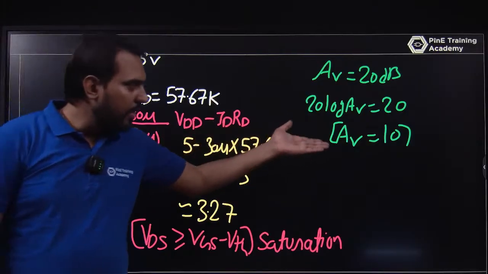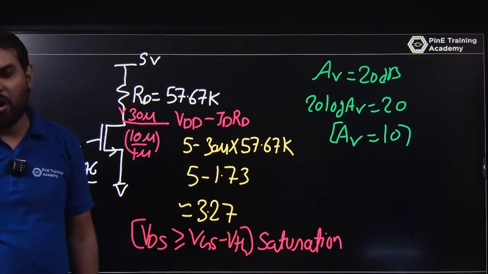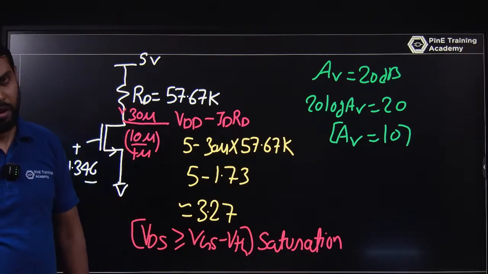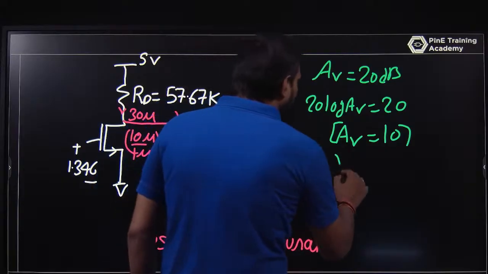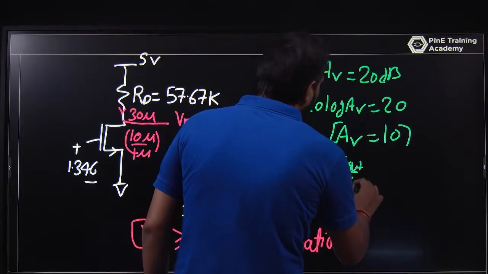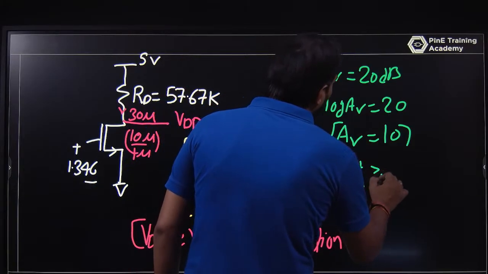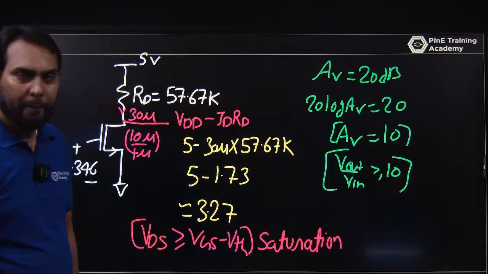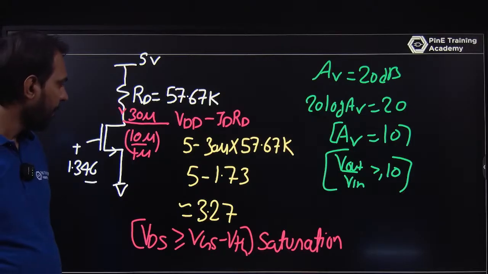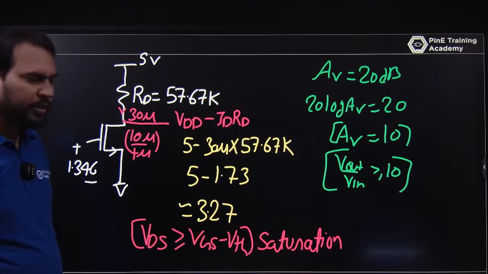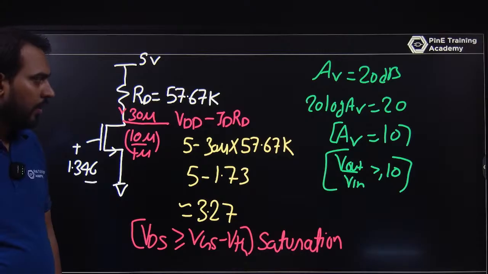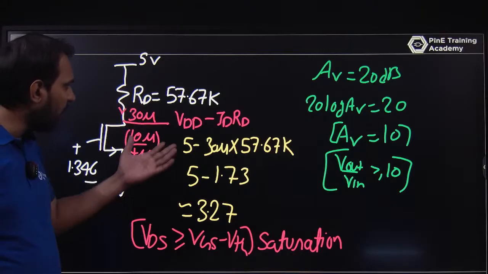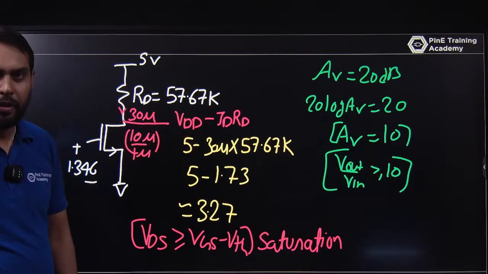So that gain in magnitude will be 10 or more than 10. So Vout by Vin must be greater than or equal to 10. Yes, everyone, is it okay? So till now we discussed all this part.